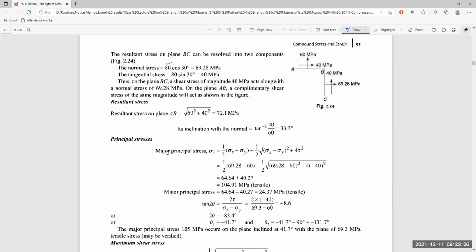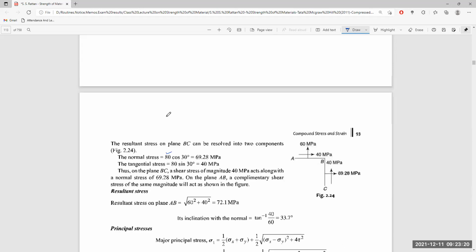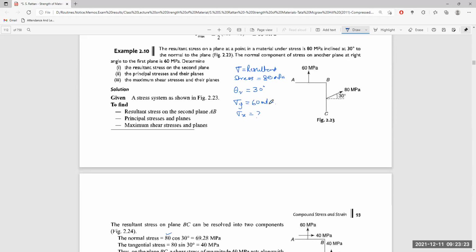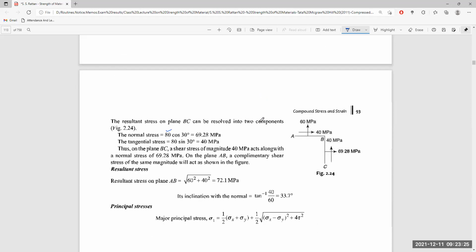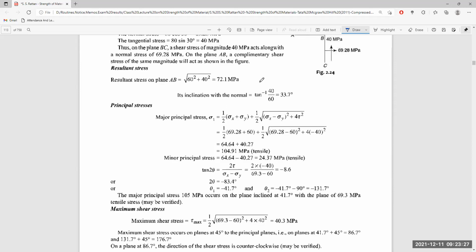The normal stress we have calculated is 69.28. The tangential stress is 40, which is given here. Sigma y is already given as 60 MPa. So you can put them in as they are.